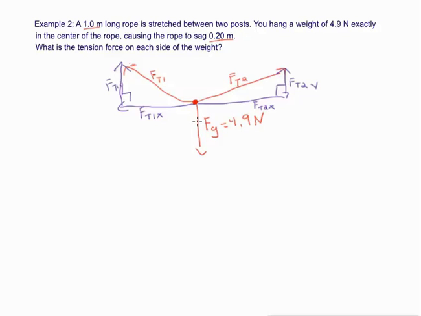While I know that my drawing is not symmetrical looking, it's supposed to be, so we do know that Ft1 is equal to Ft2, but we need to do something to find these angles.